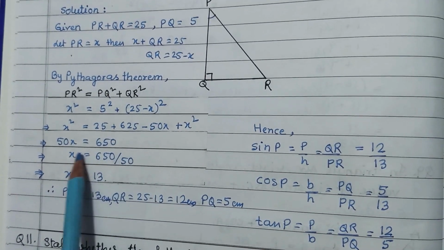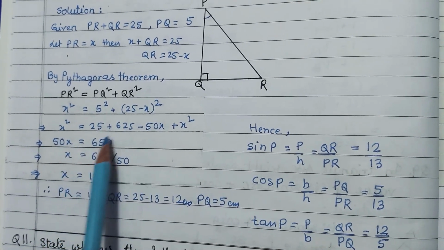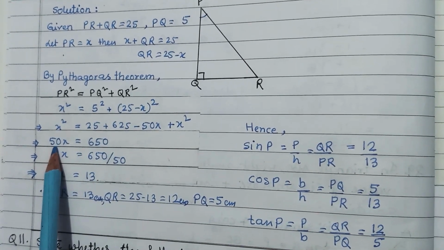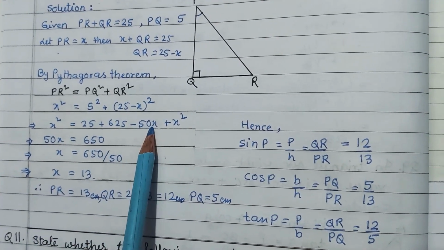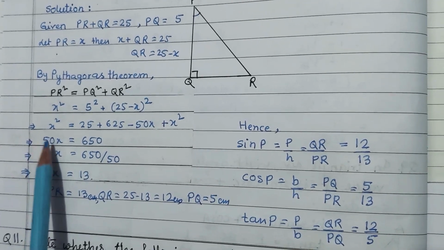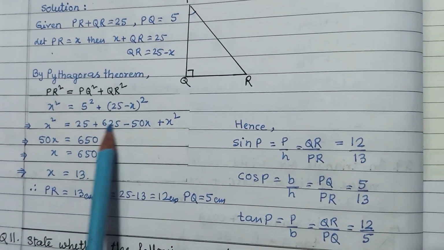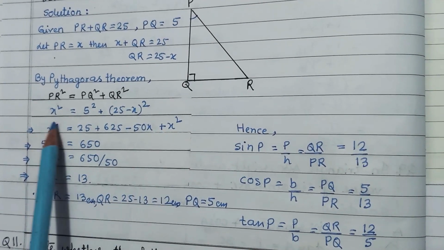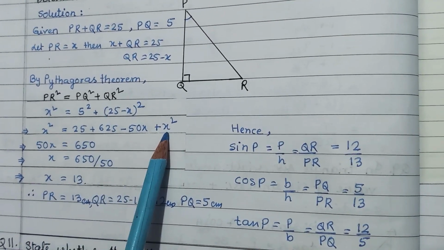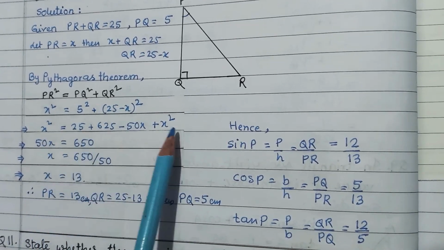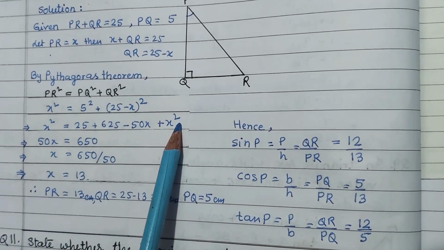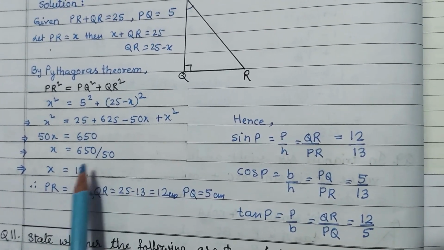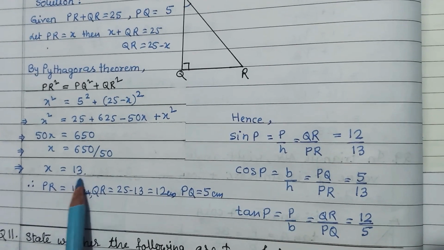Substituting, it becomes 50x, and this changes into an identity. The 50x shifts to this side, it is positive 50x, and adding gives 650. The x square on both sides will cancel. Now x is equal to 650 upon 50, it is 13.